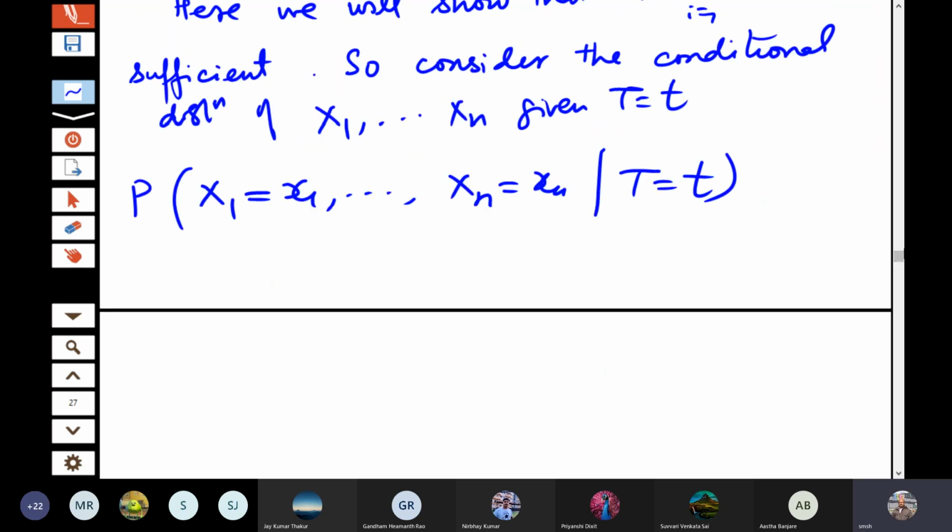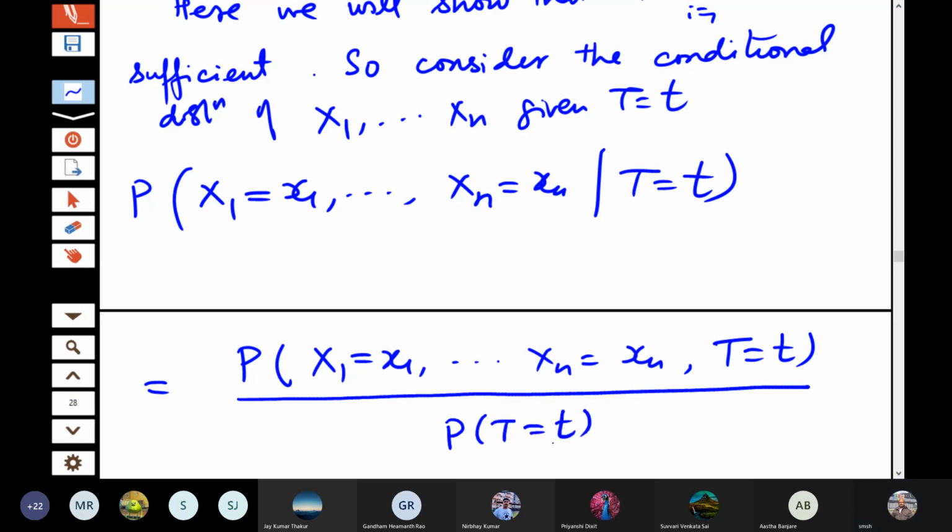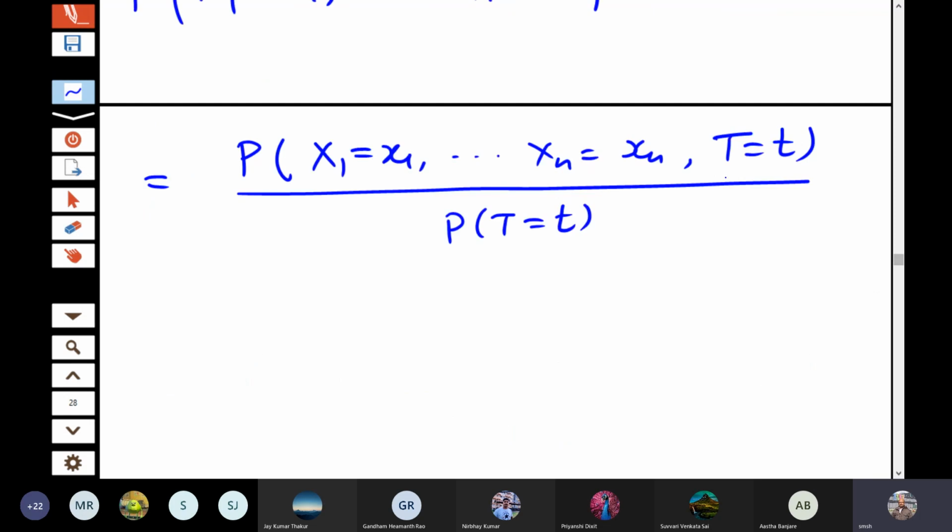Okay. So this is conditional probability. So I can write down the definition. Conditional probability is joint probability, that is, probability of A given B is probability of A intersection B divided by probability of B. So here actually this T is nothing but sigma xi.